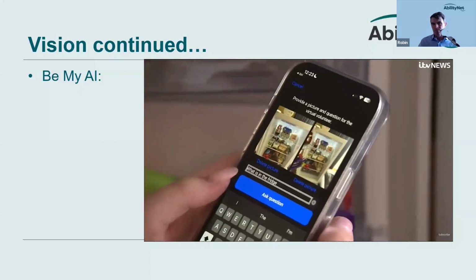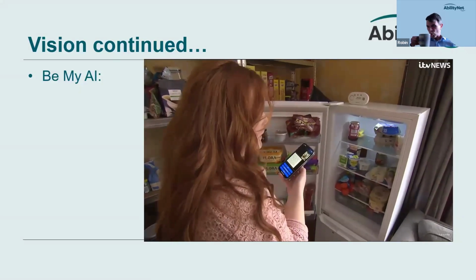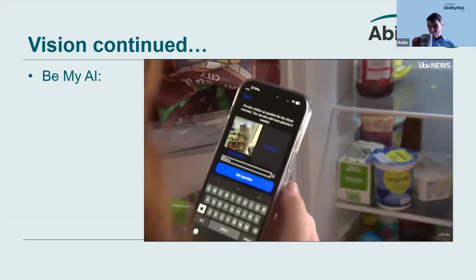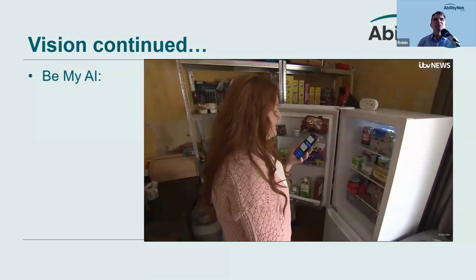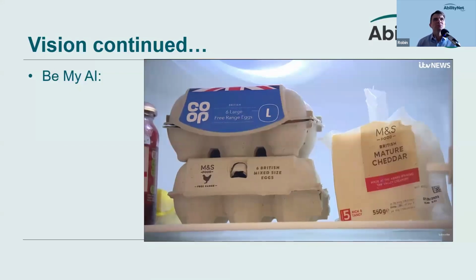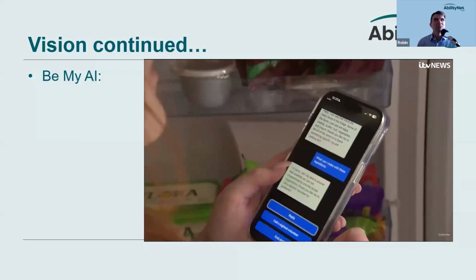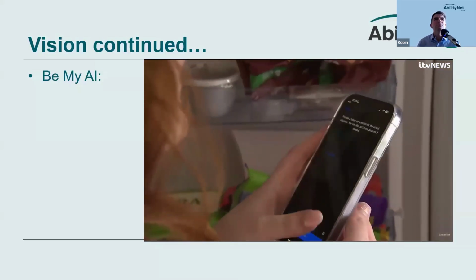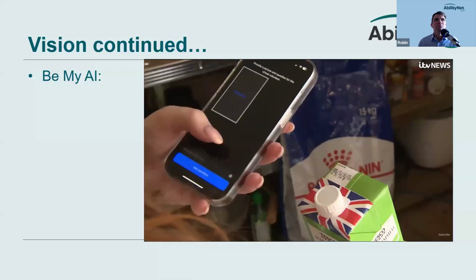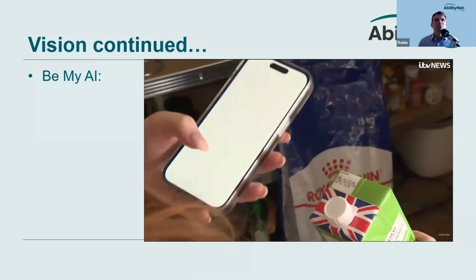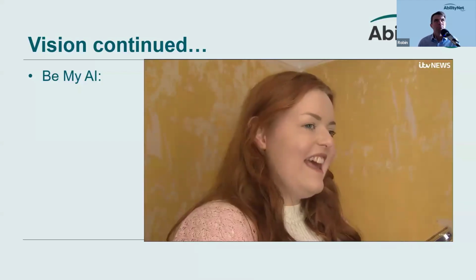To not only describe the world around her, such as eggs, milk, cheese, but to contextualise it too. What can I make with these ingredients? Virtual volunteer: There are many dishes you could make with those ingredients, such as an omelette, scrambled eggs, or grilled cheese. That's so cool. The app uses ChatGPT, an AI-powered tool which this week was updated to be able to interpret pictures as well as words. Based on the picture, it seems like the milk expires on the 21st of December, 2023.